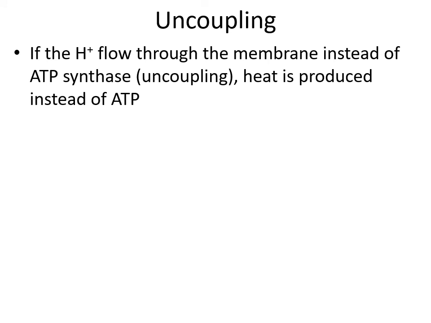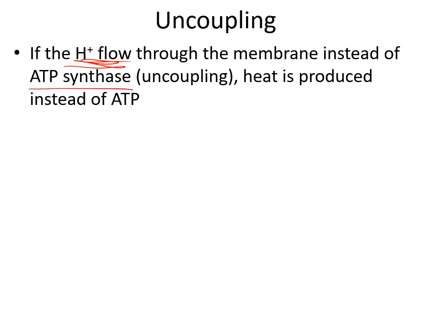This process of pumping electrons and allowing those hydrogen ion gradients to generate is great because we can use that to make ATPs. But sometimes those hydrogen ions, those protons, can be allowed to just run through the membrane without using ATP synthase. So we're essentially just allowing the gradient to sort of empty itself out.